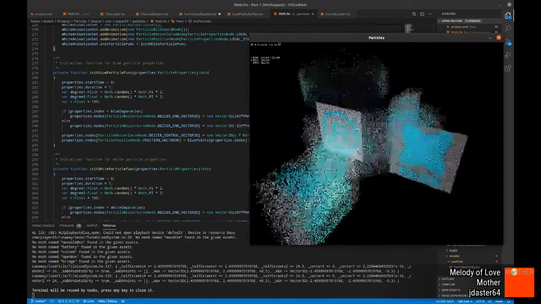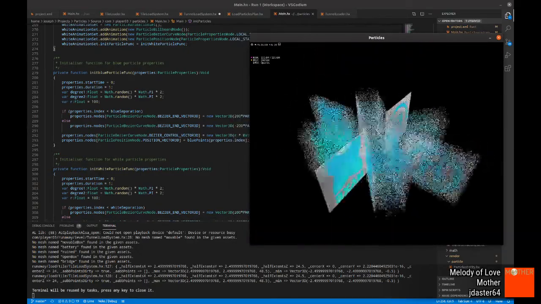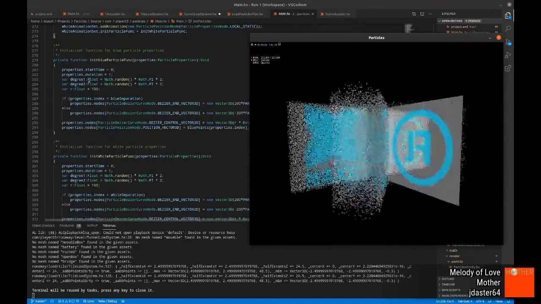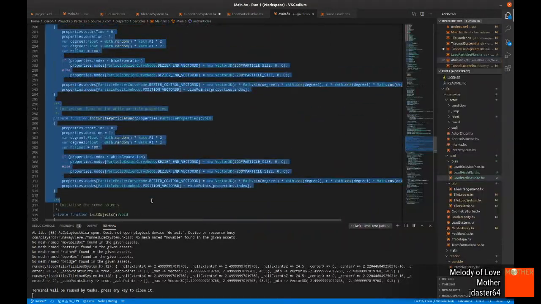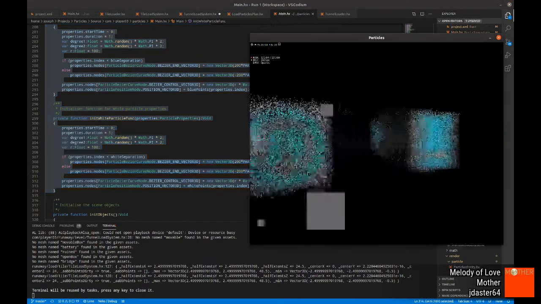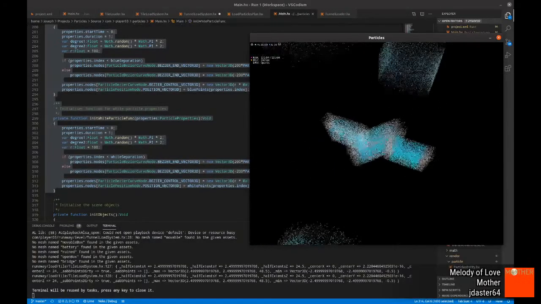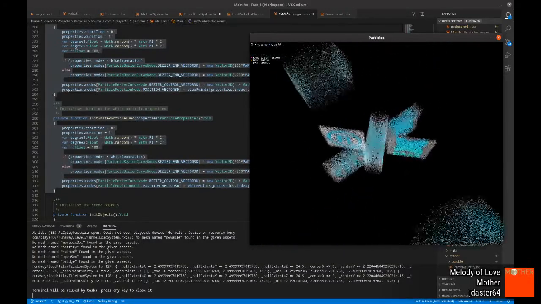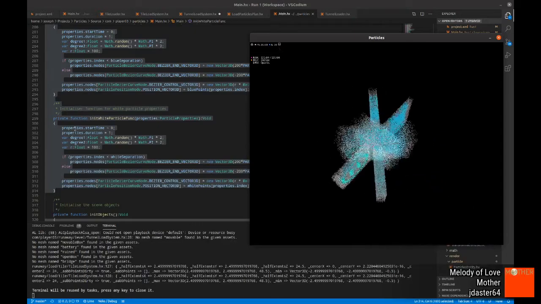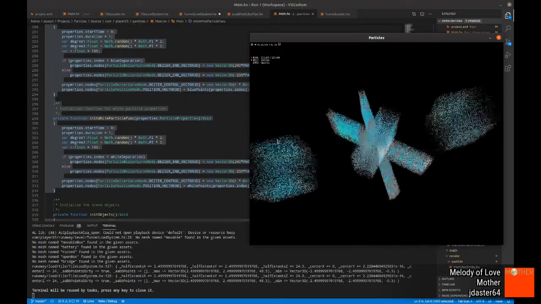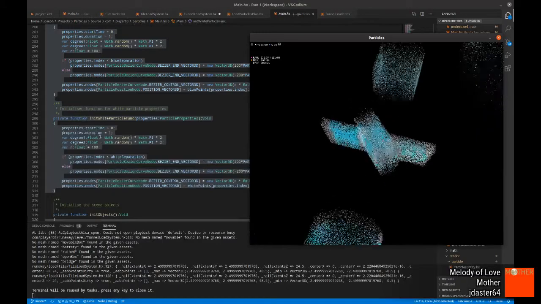There's actually a couple of functions, but this bit of code, the section that I'm selecting, tells all of these particles where to start and where to go, and how long it takes, I think.